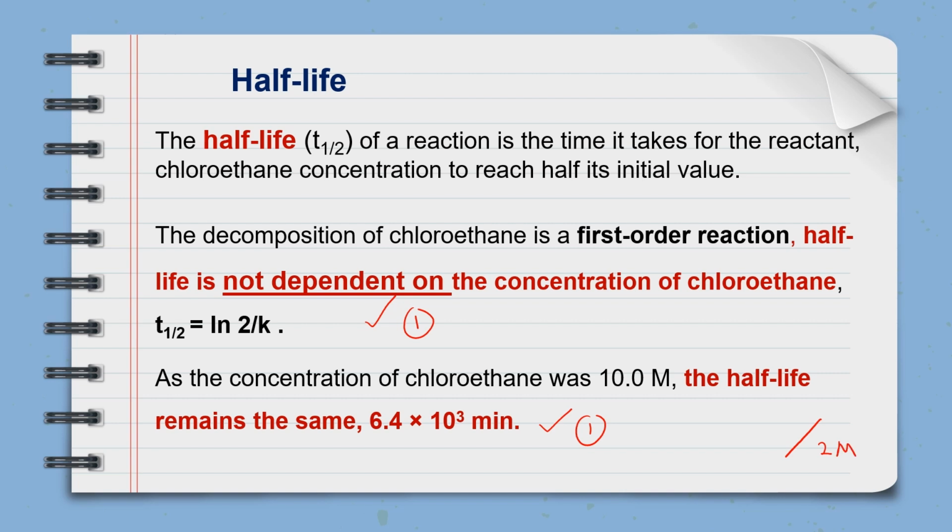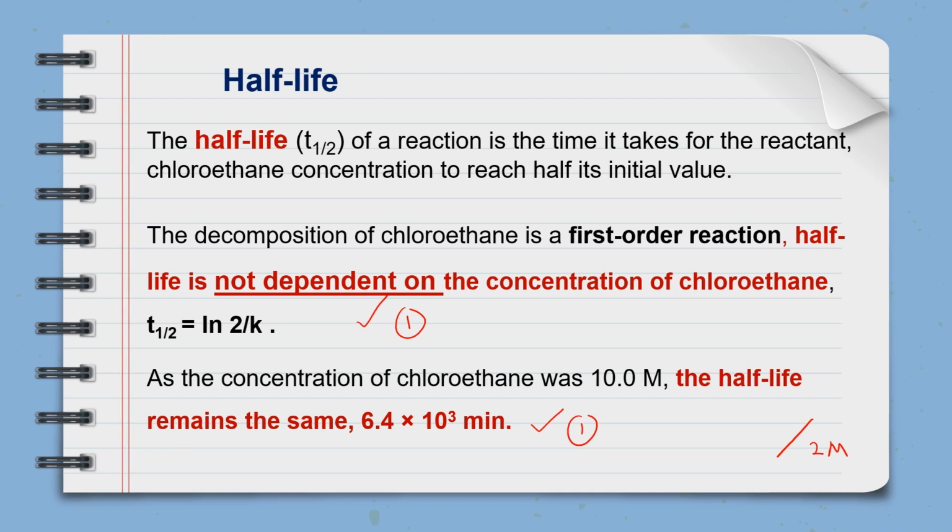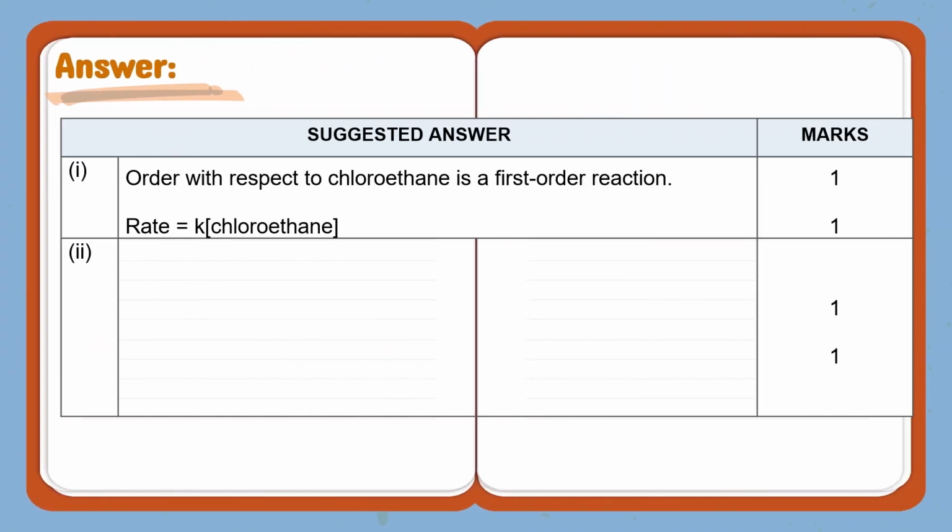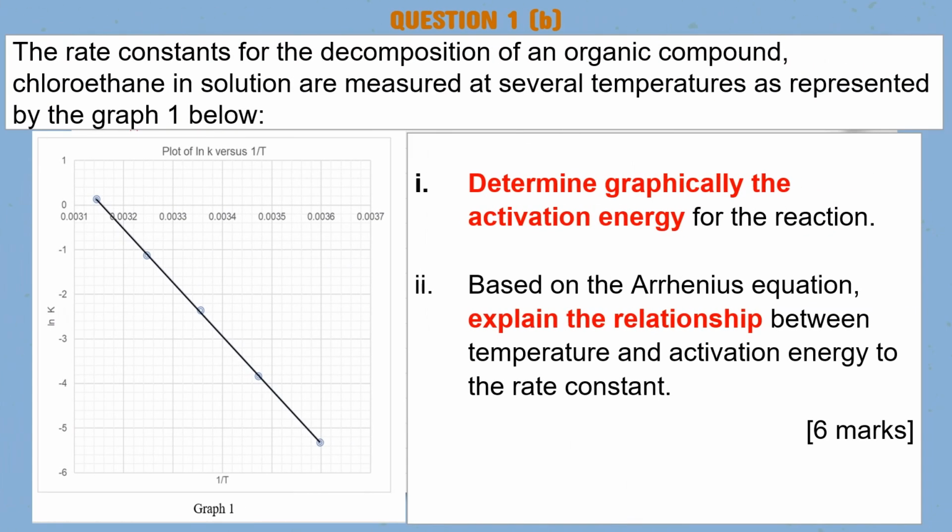Let's go to question number 1B. The rate constant for the decomposition of an organic compound, chloroethane, in solution is measured at several temperatures as represented by graph 1 below.